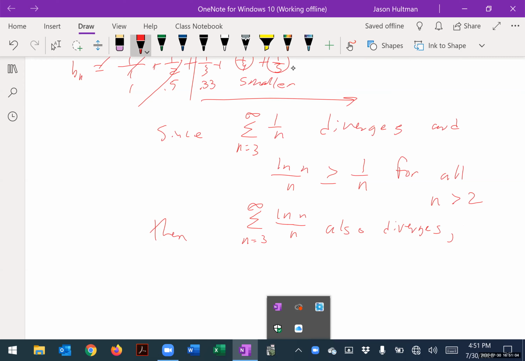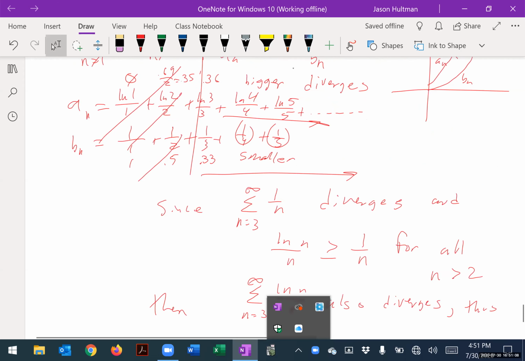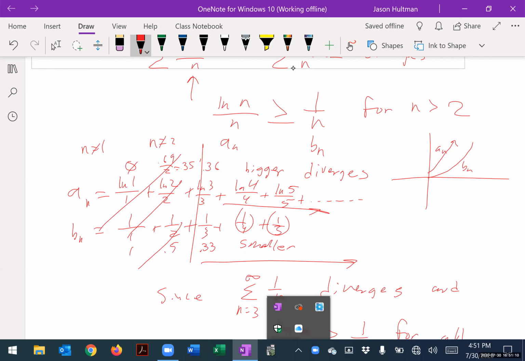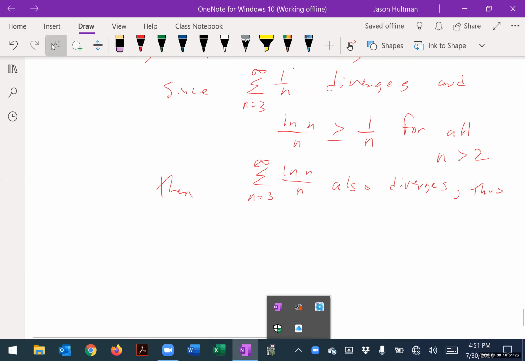Thus, if I add on the first 2 terms to a divergent series, and I add on another 0.35, I still get a divergent series. It doesn't matter whether I add on the first 2 terms or not. It's still going to diverge. It doesn't change that I'm adding bigger and bigger numbers as I go along.